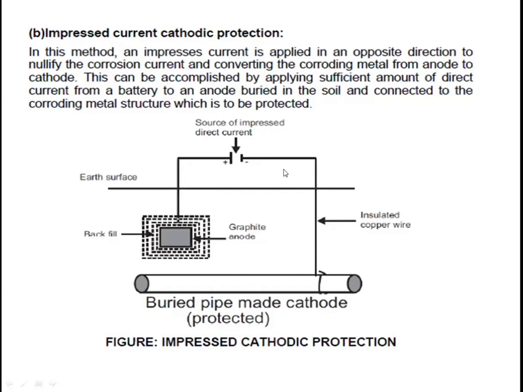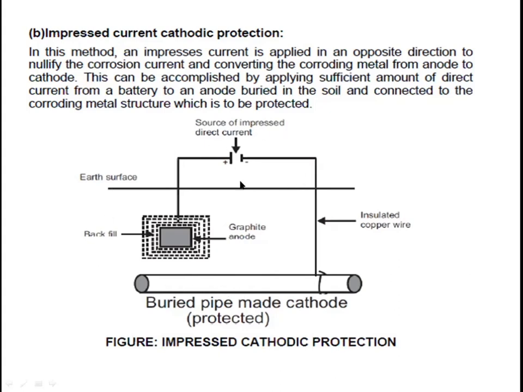Here this is the copper wire, this is graphite, and this is the cathode to be protected. Usually a sufficient DC current is applied to an insoluble anode buried in the soil and connected to the metallic structure which is to be protected.